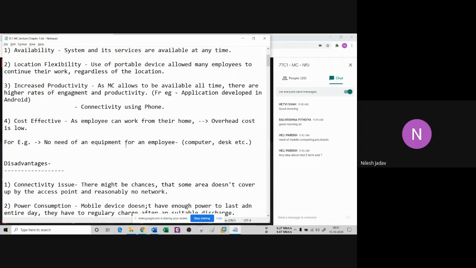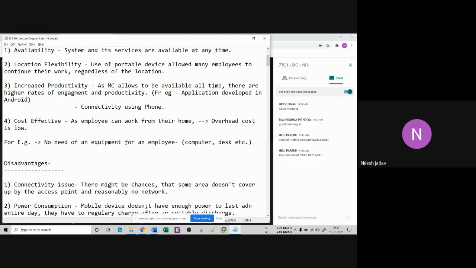The fourth advantage of mobile computing is that it is cost effective. How cost effective? An employee doesn't have to go to any office or any location. He can be at his home and can do the same work as he is doing in his company, just like work from home.